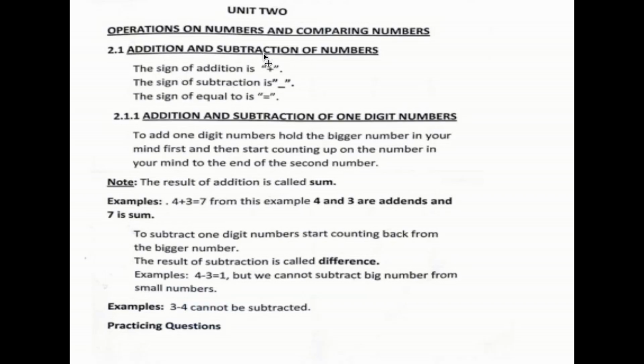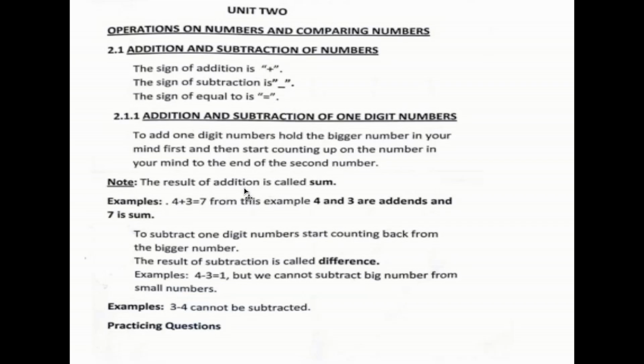The first sign, addition, is represented by this plus sign, and subtraction is minus. The sign of equal is these two bars, the equal sign. I hope it's clear: addition, subtraction, and equal signs.